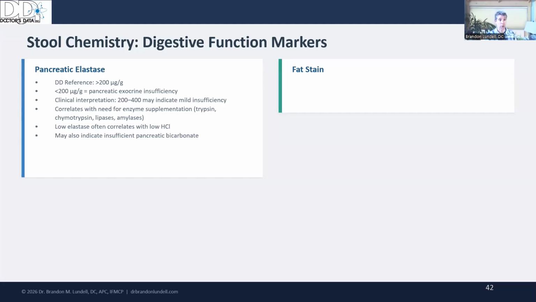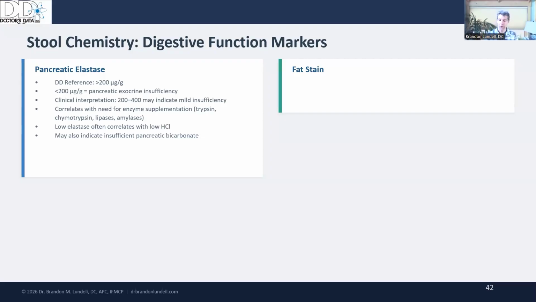And how do we change the stool chemistries? Well, we restore proper functioning, proper timing, and the proper symphony, if you will, of chewing and saliva and hydrochloric acid and ghrelin and somatomedin and cholecystokinin and pancreatic elastase.